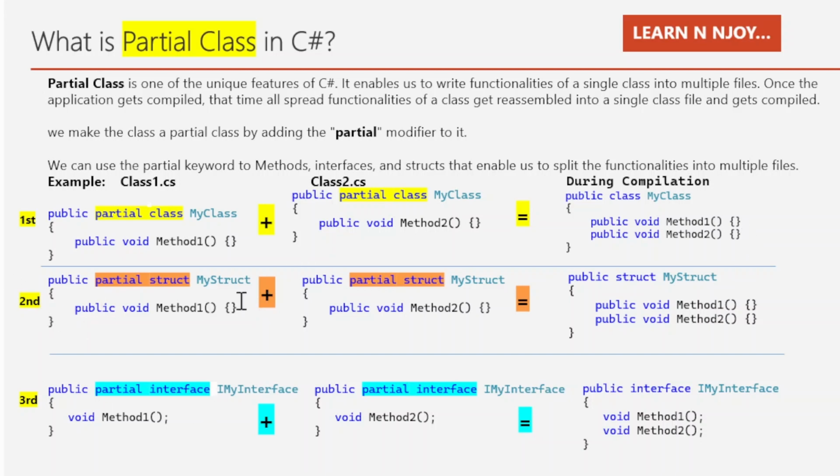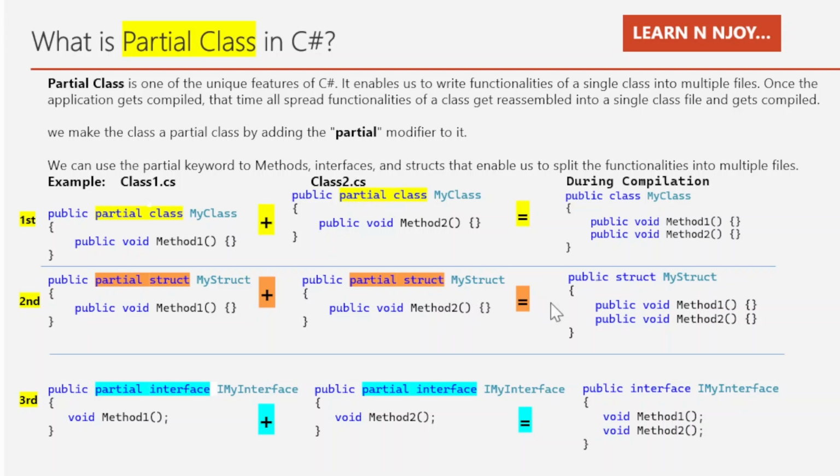Similarly, we have the second and the third example. The second example is for the struct and the third example is for the interface. If you see the second example, I have written public partial struct myStruct. So basically I have created a partial struct named myStruct. It has method 1, and the second part of this myStruct we have written in the class2.cs file, where we have method 2.